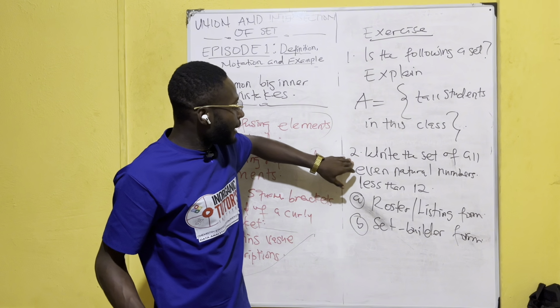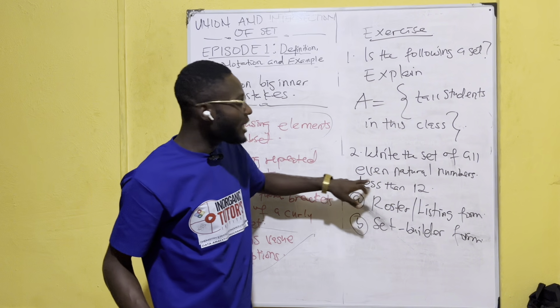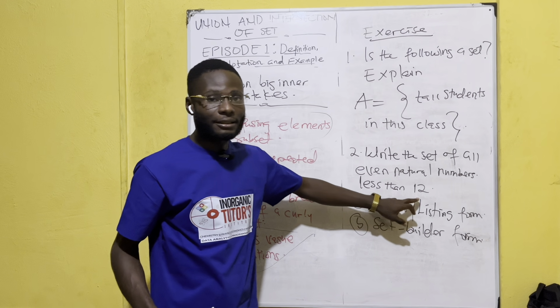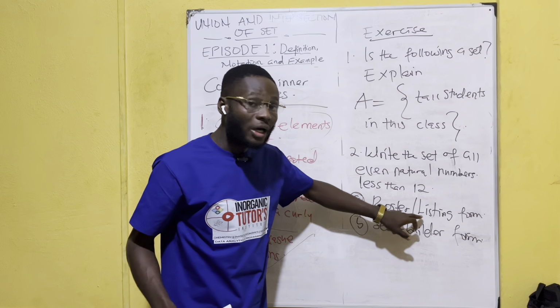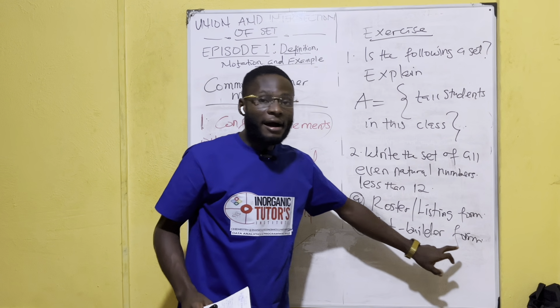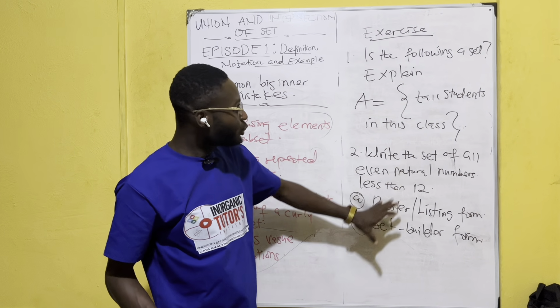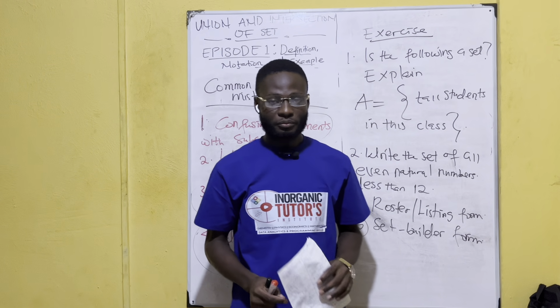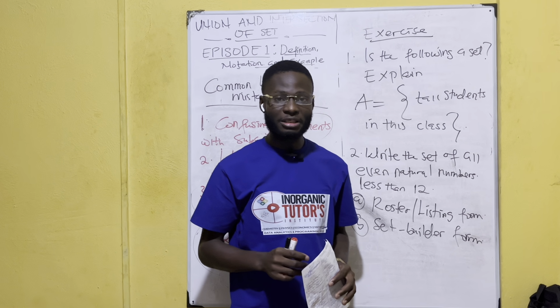Now, question two is: write the set of all even natural numbers less than 12. A, in the roster or listing form. B, in the set builder form. So give it a try and leave your answer in the comment section.